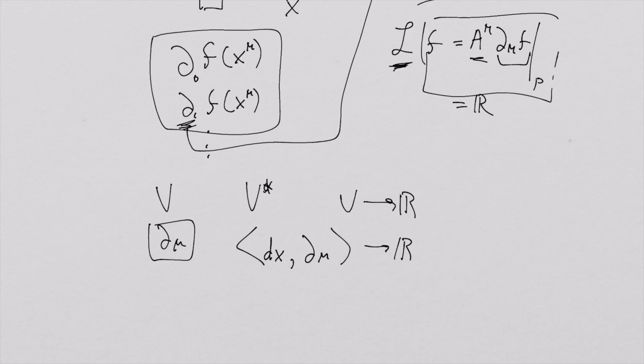We call that object dx. The reason we choose it is that it actually looks the way it should: dx^0 acting on ∂_0 should be 1, and in general dx^μ acting on ∂_ν should equal δ^μ_ν.